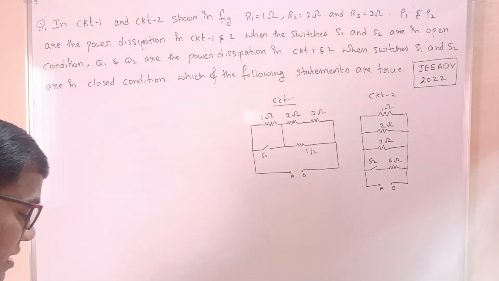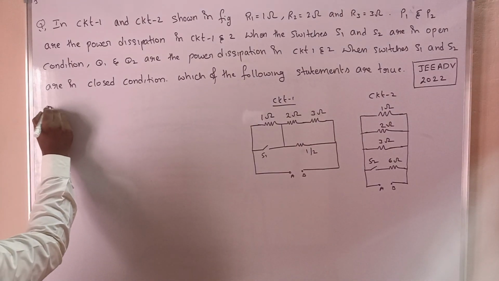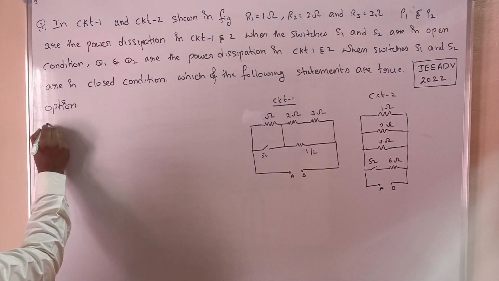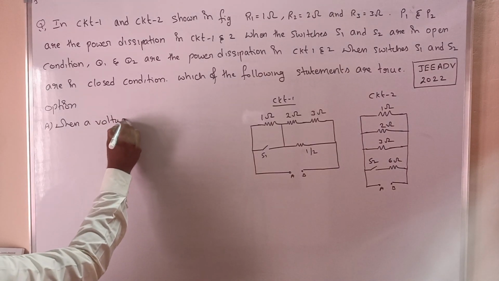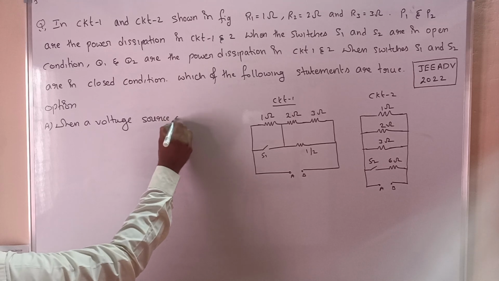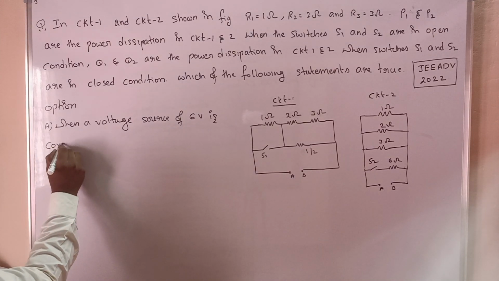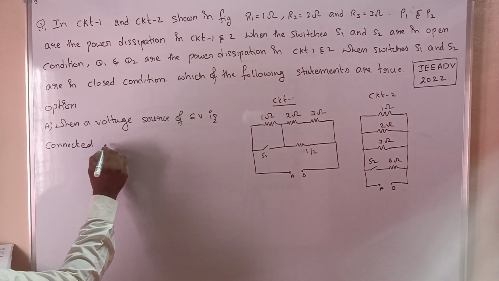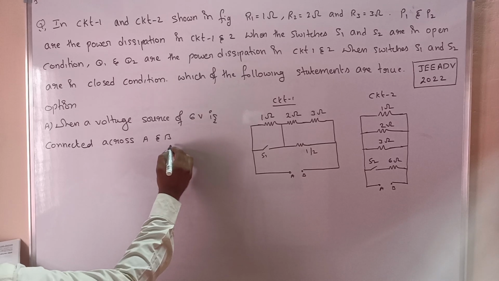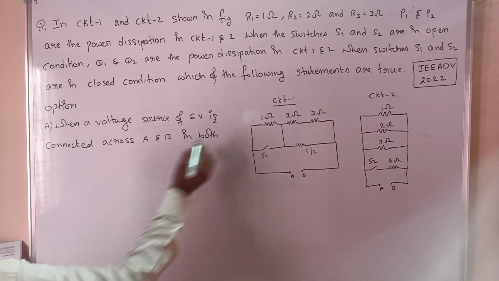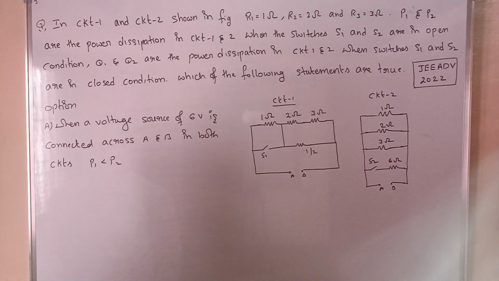The first option says that when a voltage source of 6 volt is connected across A and B in both circuits, P1 is less than P2.